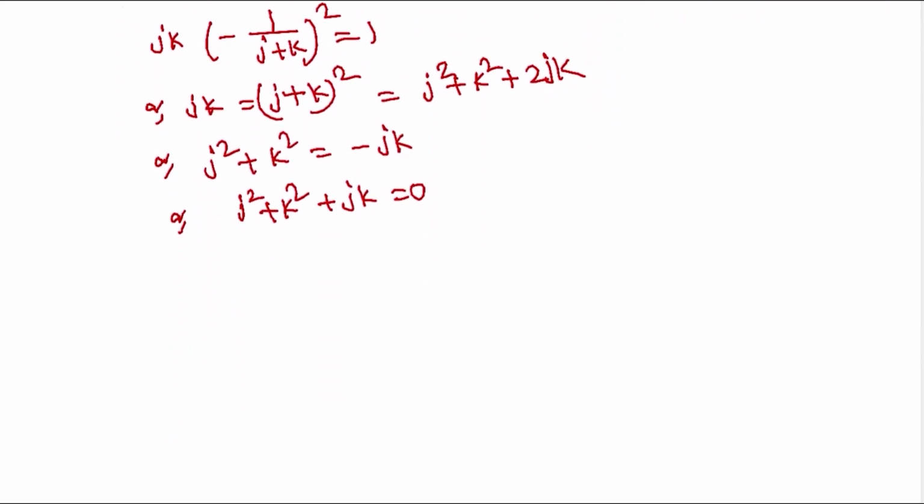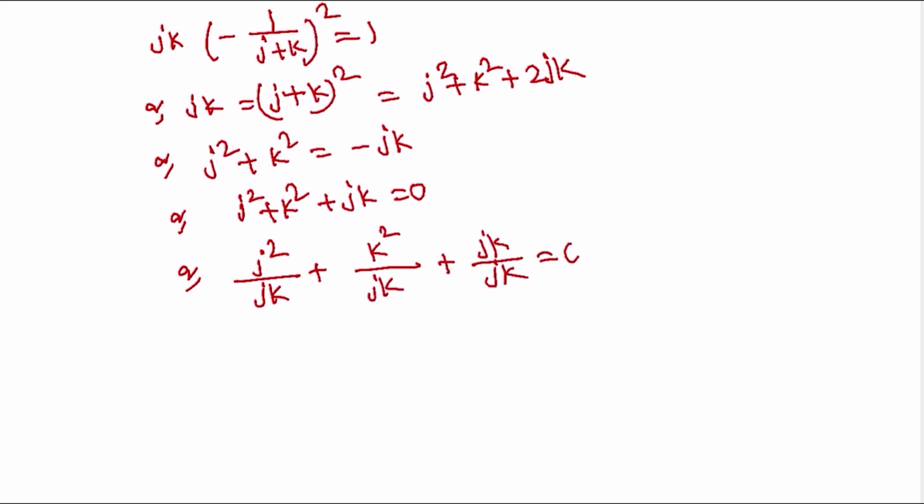Now I'd divide both sides by jk, that means j square by jk, k square by jk plus jk by jk equals 0. Okay, it becomes j by k plus k by j plus 1 equals 0.